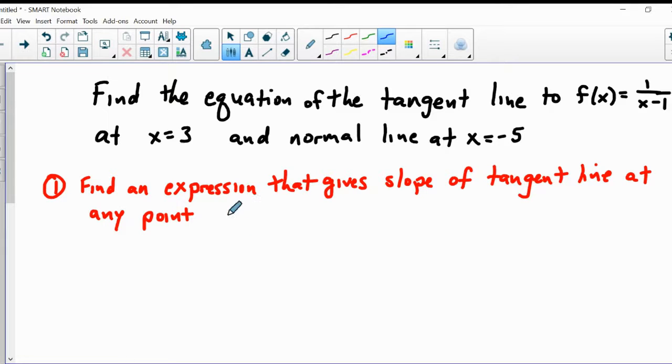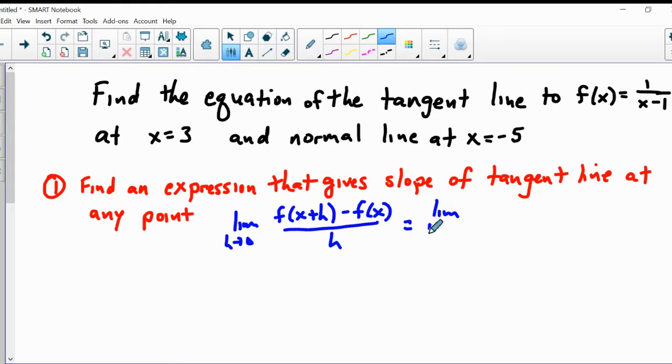In order to do that, we're going to use the definition that gives us that. So that's going to be the limit as h approaches 0 of f of x plus h minus f of x over h.